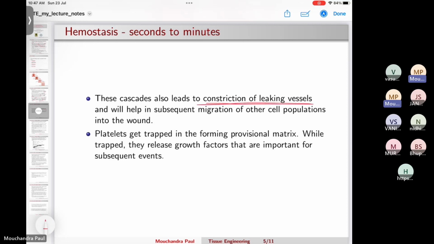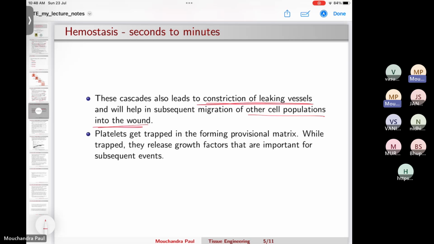In order to stop or reduce the flow of the blood, the diameter of the blood vessels is made narrow through constriction, so that not much blood gets lost. Next, these cascades also help in recruiting other cell populations that are needed at the wound site.